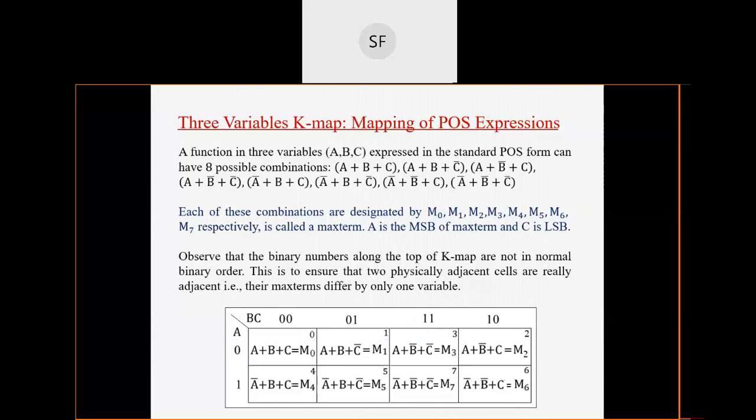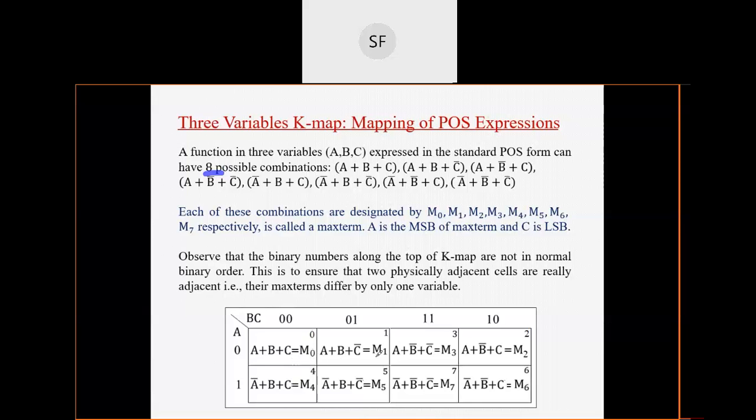Okay. So now we will see that in 3 variable K-map, obviously a total of 8 possible combinations will be there. Why 8? Because you have 3 variable K-map, so 2 raised to power 3 will be 8. And these are the max terms, all possible max terms. These max terms are already mentioned in this diagram also.